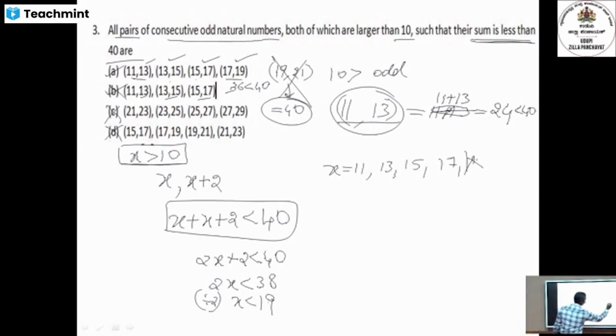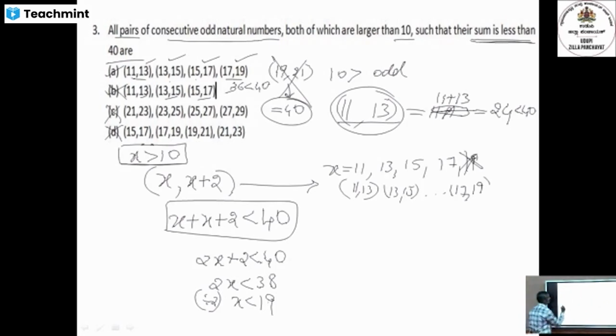So 19 you cannot consider. When you consider the pair x, x plus 2, it's 11, 13, then 13, 15, etc. For 17 you get 17 and 19. Option A is the correct one.